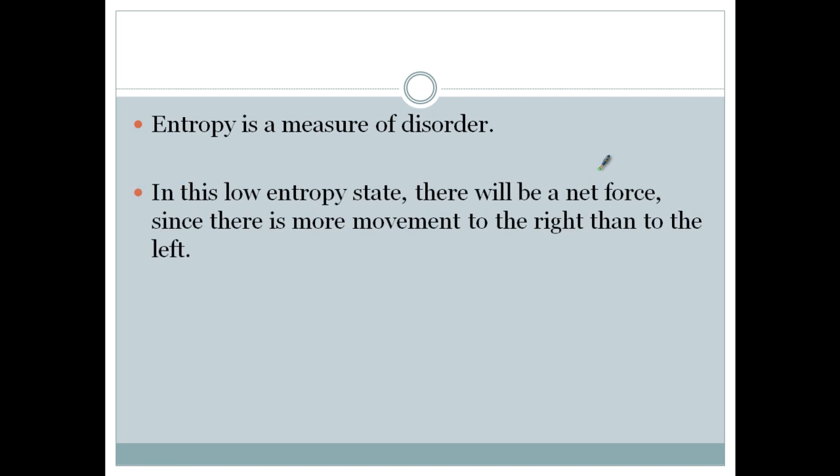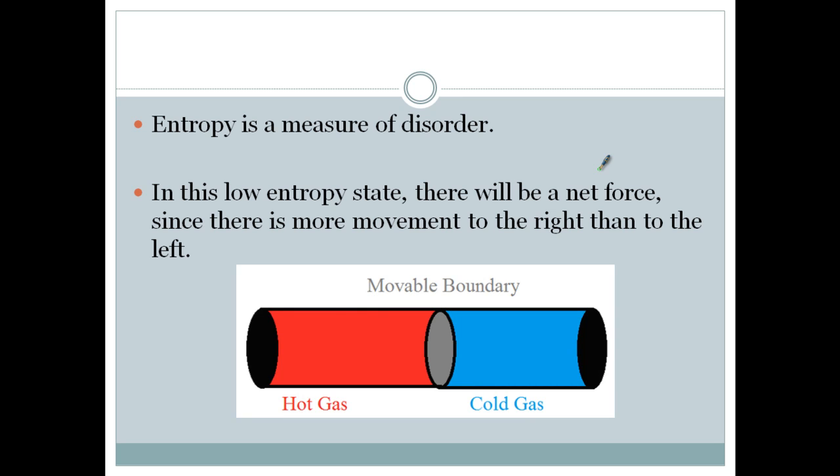So just like your messy room, the entropy is a measure of disorder. In this low entropy state, there will be a net force, since there is more movement to the right than to the left. So we know it's going to move this way, so it has low entropy. If there's low entropy, there's going to be a net force. Something's going to be moving.